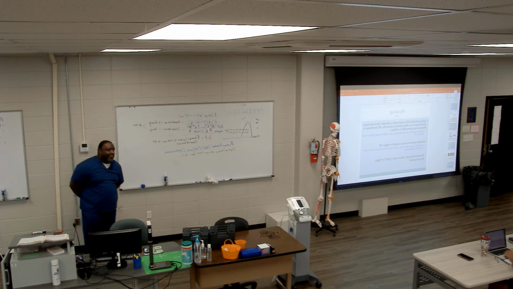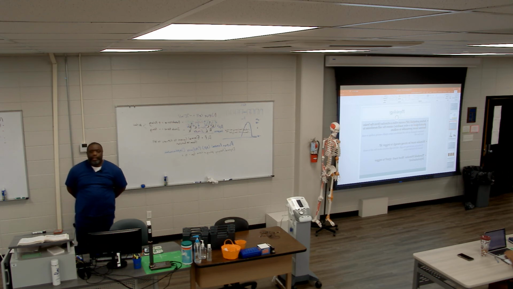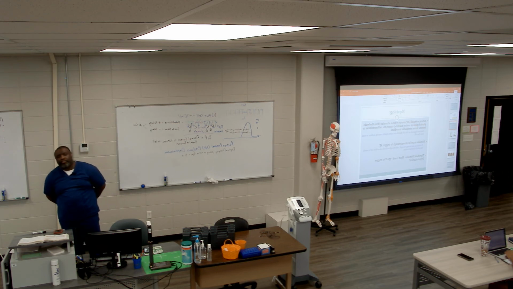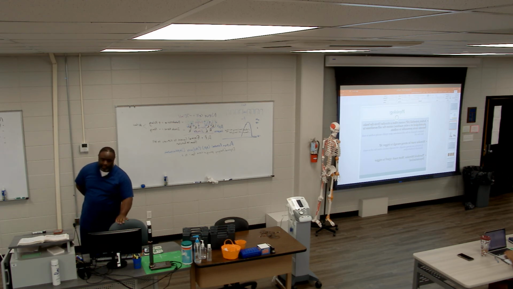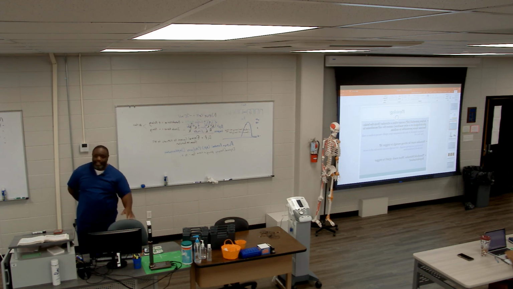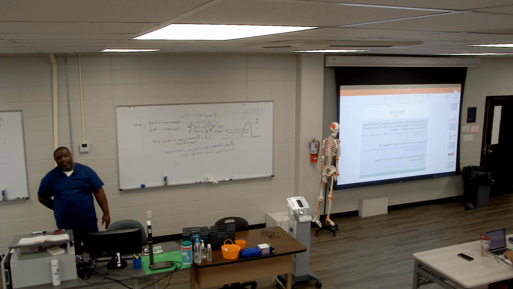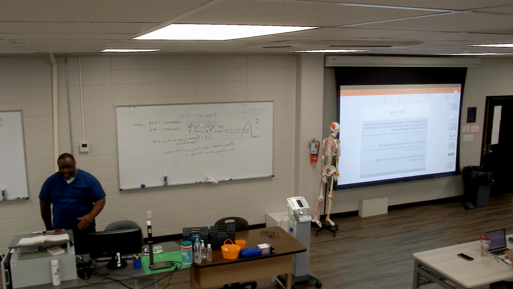For an action potential to cause depolarization, the signal has to be strong enough to actually cause it to depolarize. The magic number of what's needed for full depolarization is the stimulus has to depolarize from a minus 70 up to a minus 55.